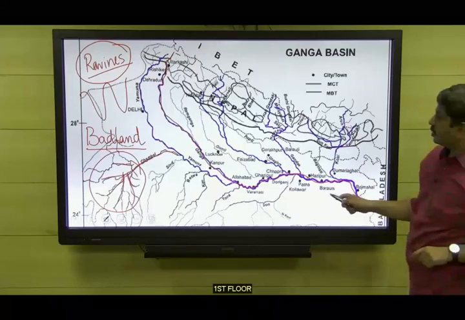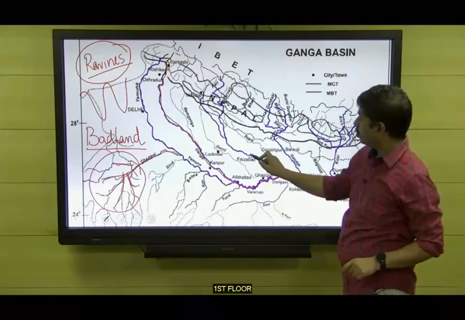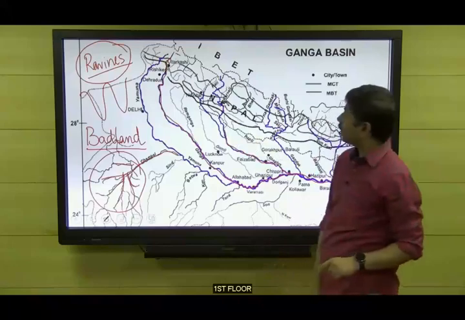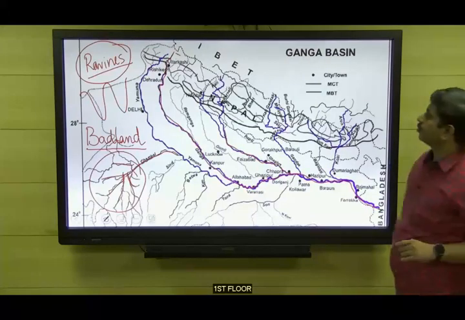Then we will check this river, Gagra. It originates from the glacier of Mapcha Chungo.